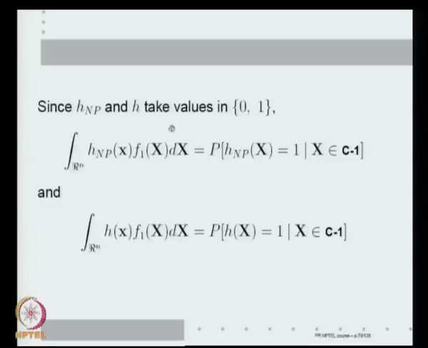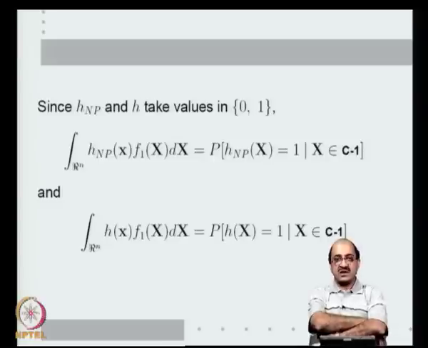Since h_NP and h are binary valued functions, for any given x, h_NP(x) is either 0 or 1. Similarly, h is either 0 or 1. So, if I take an integral over the entire feature space R^n, of h_NP into f1(x) dx, it is simply the integral of f1 over the set of all x such that h_NP(x) is 1.